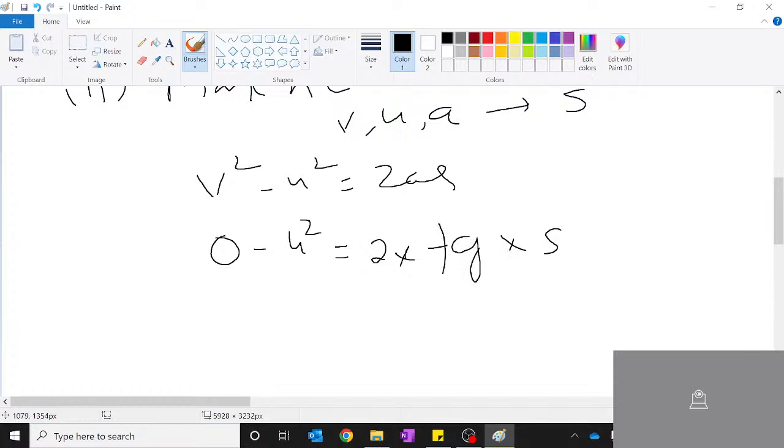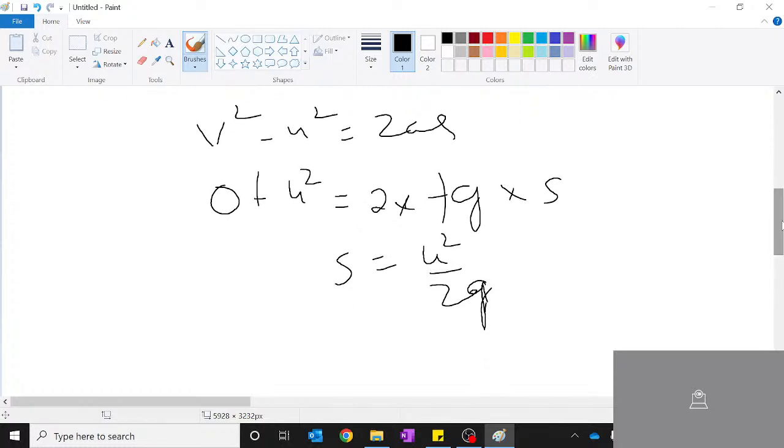The negatives cancel, so s is nothing but u squared by 2g. This is the maximum height it travels.